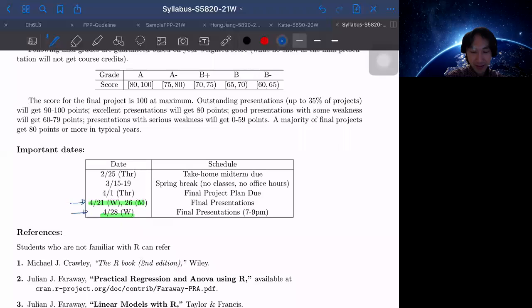That is time consuming, but the fun part, I believe. Okay, so if you don't have questions, we continue with chapter 6.